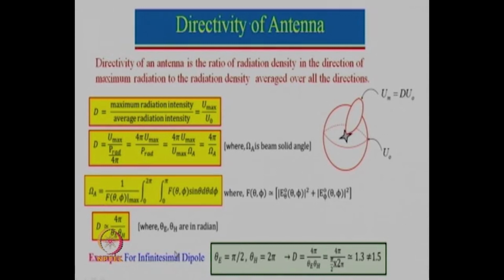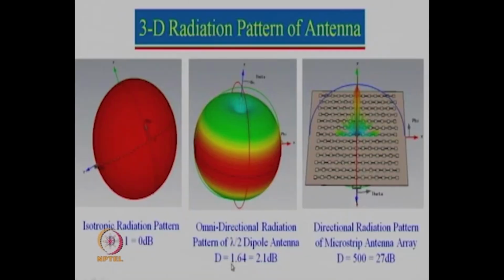For example, I have just taken an example of an infinitesimal dipole. For the infinitesimal dipole, the half power beam width is given by pi by 2. Where does this pi by 2 come from? For the infinitesimal dipole, the maximum variation comes down to 0 here, so from 1, let us say, it is coming to 0.